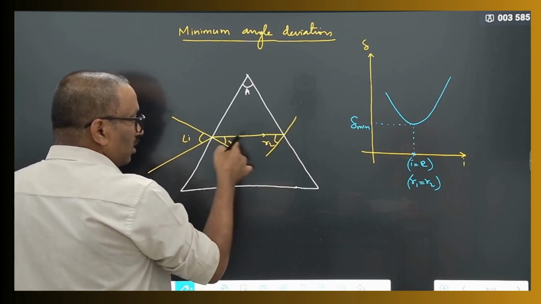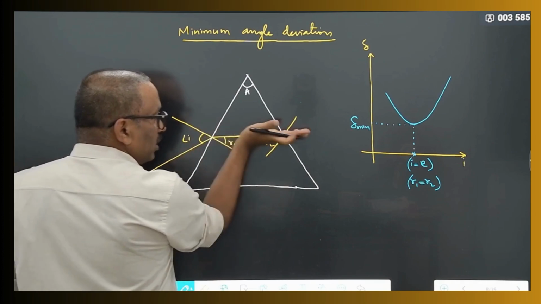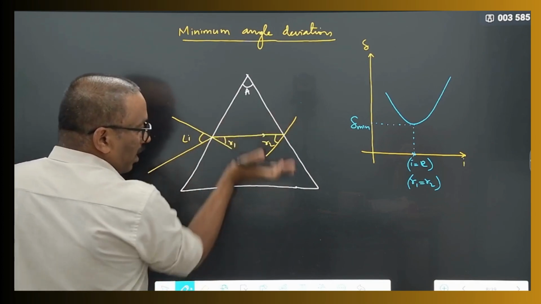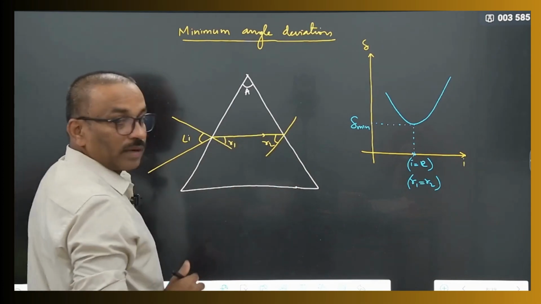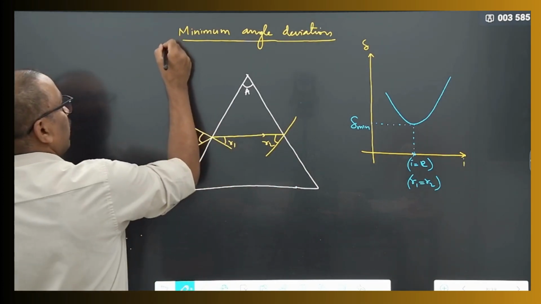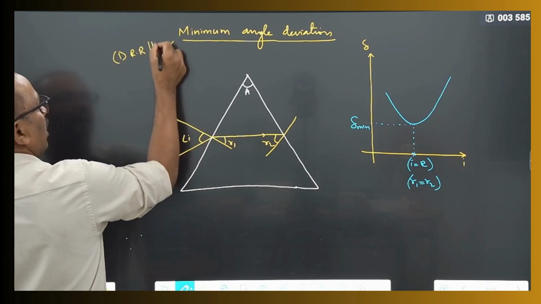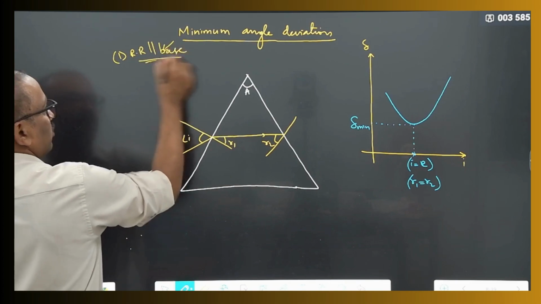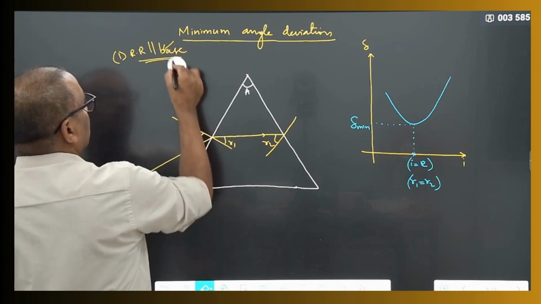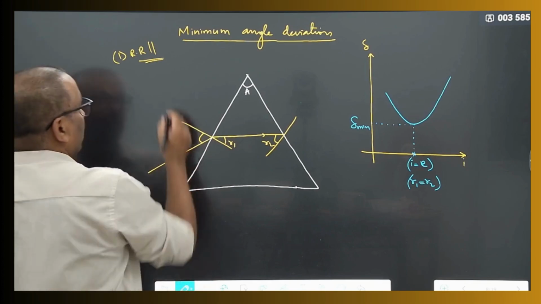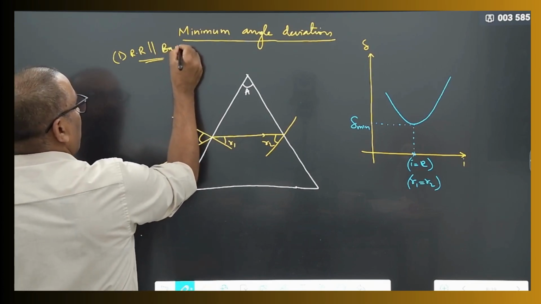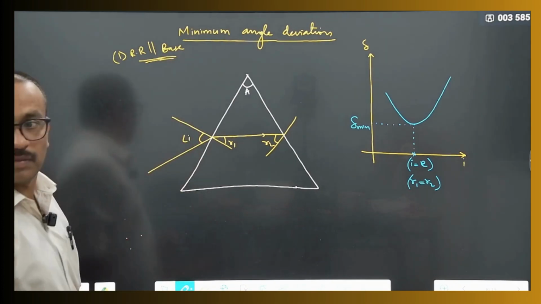If both are equal, it compulsorily means this should be parallel to the base of the prism. That means in minimum angle of deviation, the refracted ray will be parallel to the base of the prism. Clear?